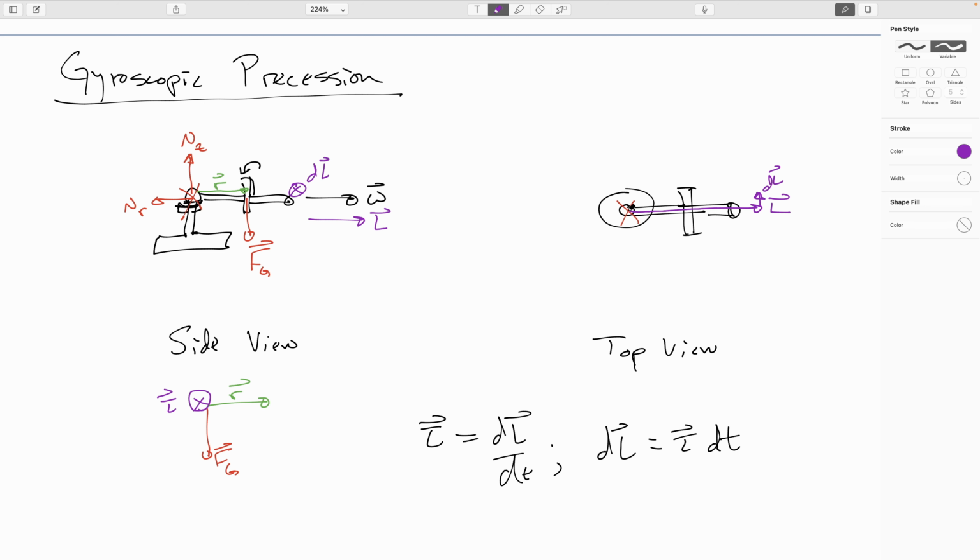So a very small amount of time later, there's your new angular momentum. And since the gyroscope is a symmetric object, the angular velocity would have to point the same way. And so we end up getting that this is our direction of precession.